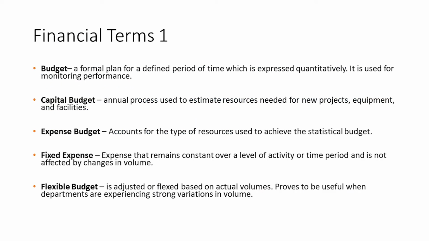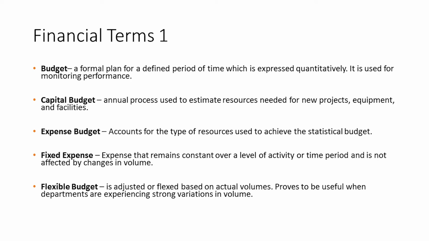Just financial terms: a budget is a formal plan for a defined period of time, which is expressed quantitatively and is used to monitor performance. A capital budget, same thing, usually an annual process that estimates resources needed for projects, equipment, and facilities. An expense budget accounts for the types of resources used to achieve a statistical budget.